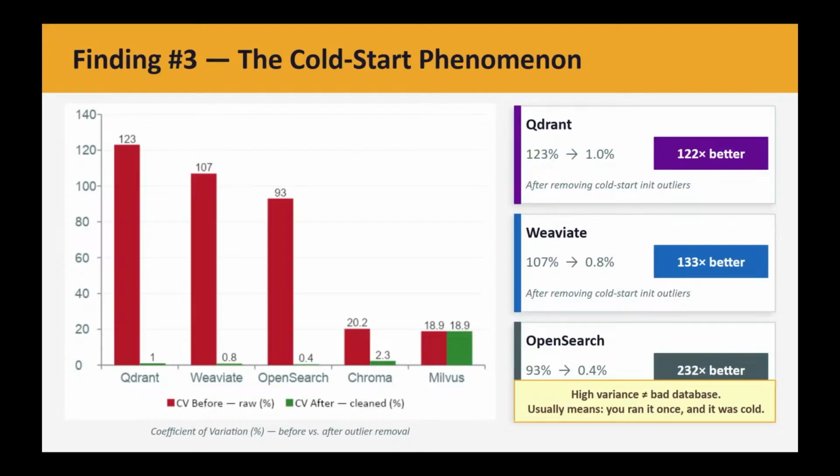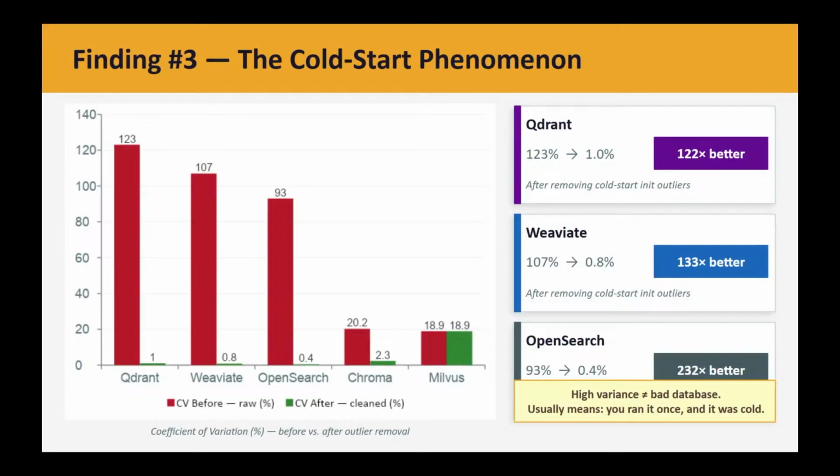When a database starts from scratch, building HNSW graph structures, warming JIT caches, setting up write-ahead logs, it takes dramatically longer than it does in its steady state. That cost is real, but it's a one-time cost. It has nothing to do with how the DB performs once it's running steady.